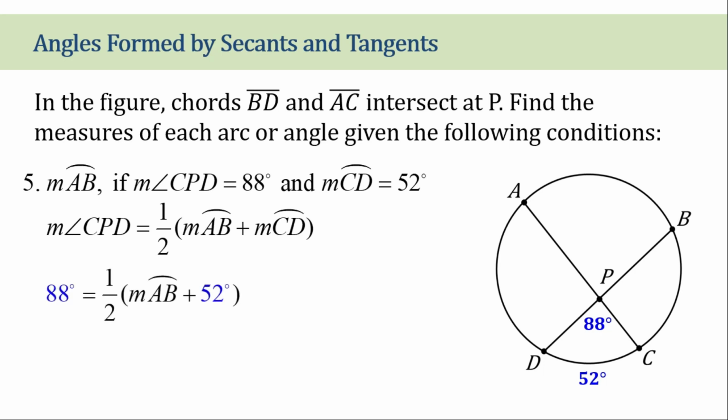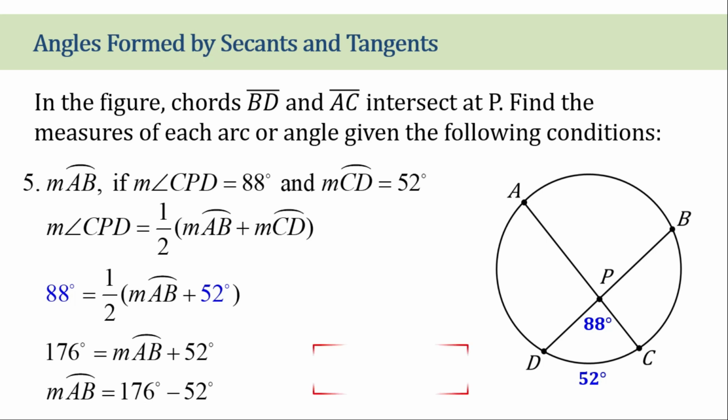So we have 88 is equivalent to 1/2 of the measure of AB plus 52. Now let's multiply 2 on both sides to eliminate 1/2. Then we have 176 is equal to the measure of AB plus 52. Now let's subtract 52 on both sides. So the measure of arc AB is equivalent to 124.